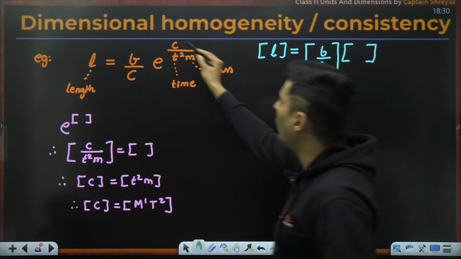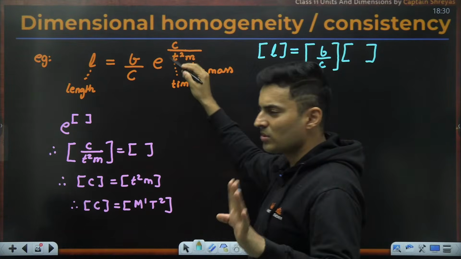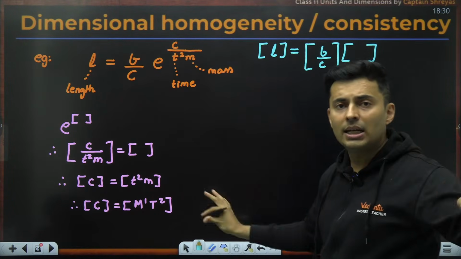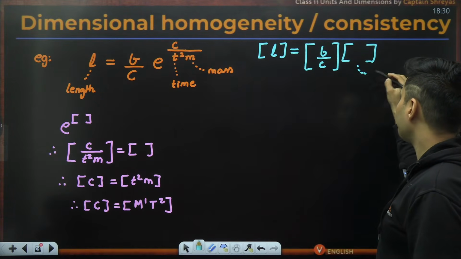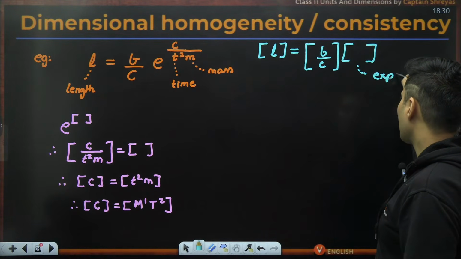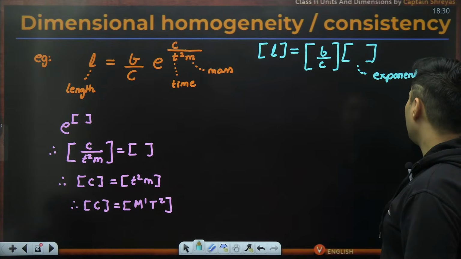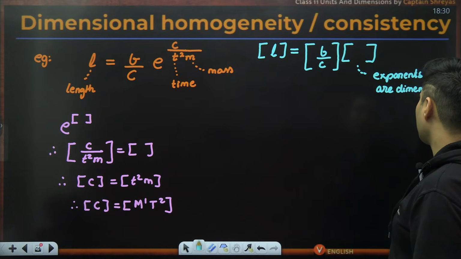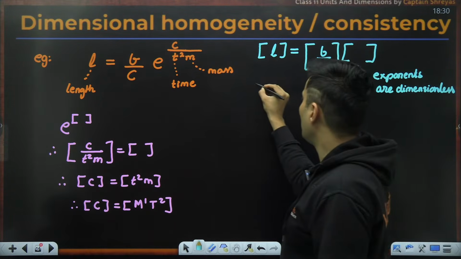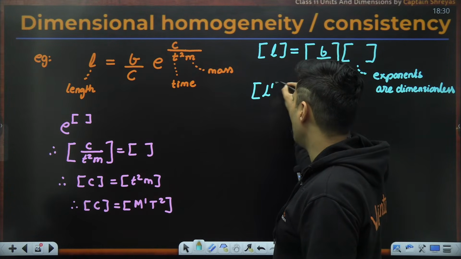So this whole thing over here, E raised to some number, is a completely dimensionless entity. So I have put over here nothing. Exponents are dimensionless.